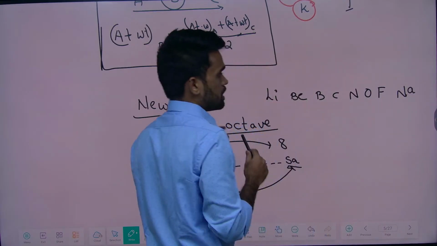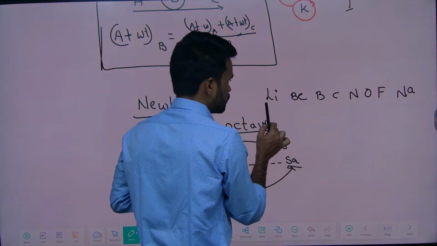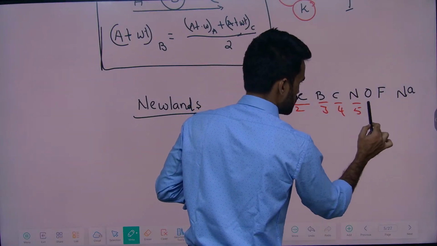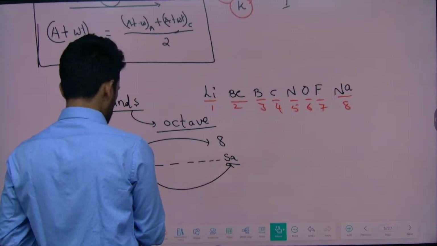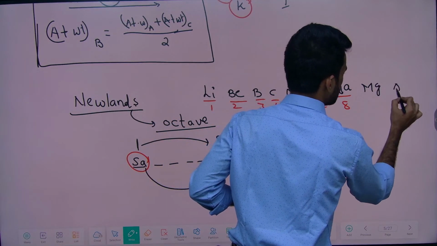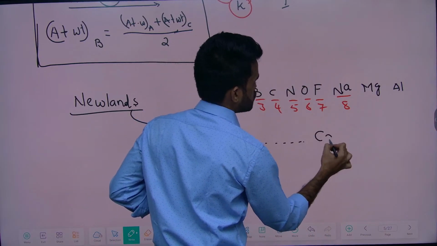Like this he arranged all the known elements: 1 2 3 4 5 6 7 8. After sodium we have magnesium, aluminium, and you keep arranging up to calcium.